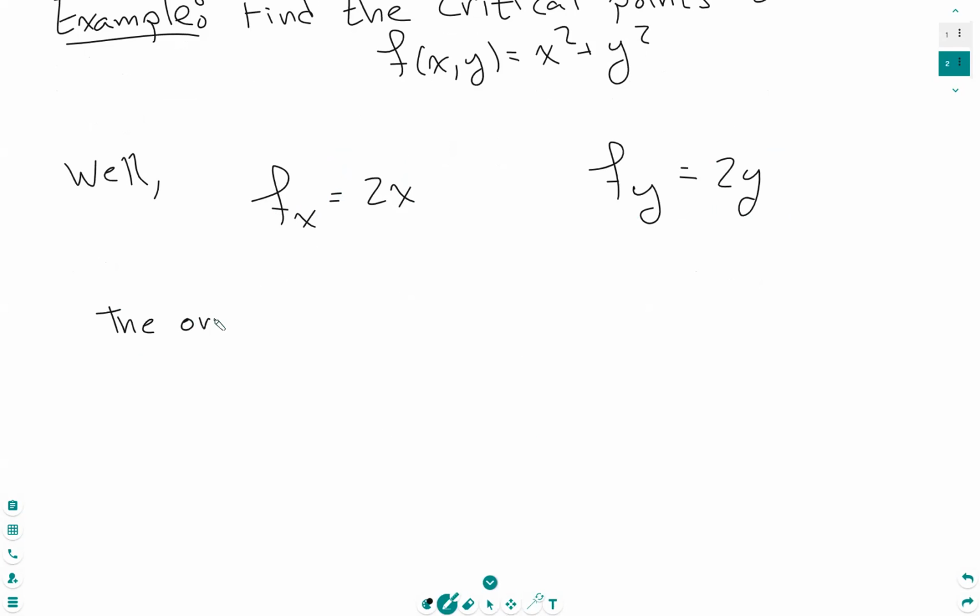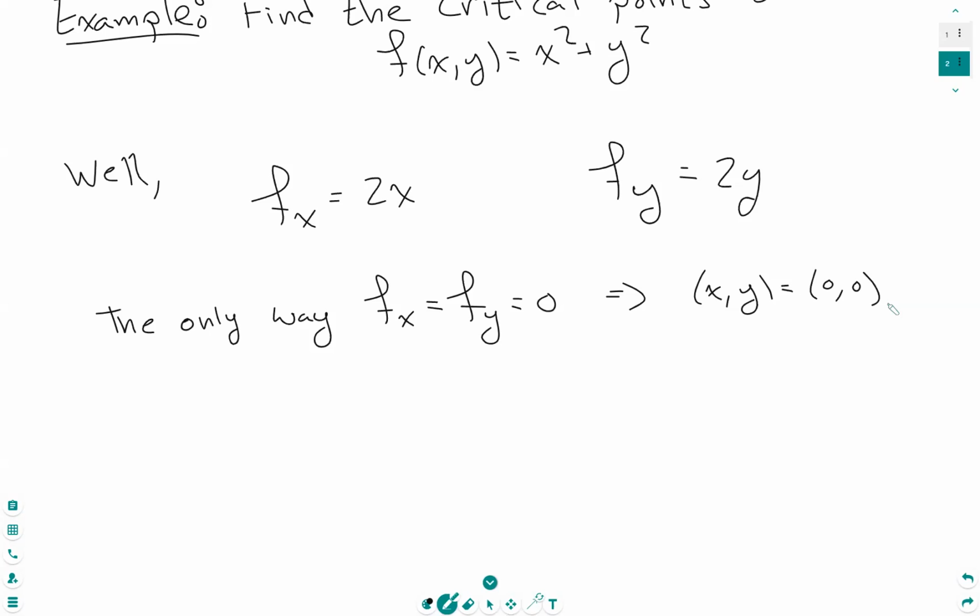So the origin is the only critical point that we have for this function.